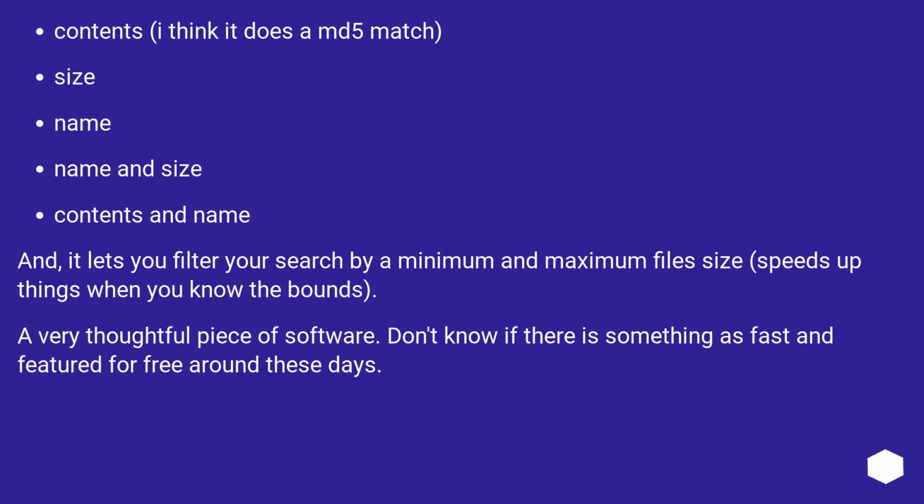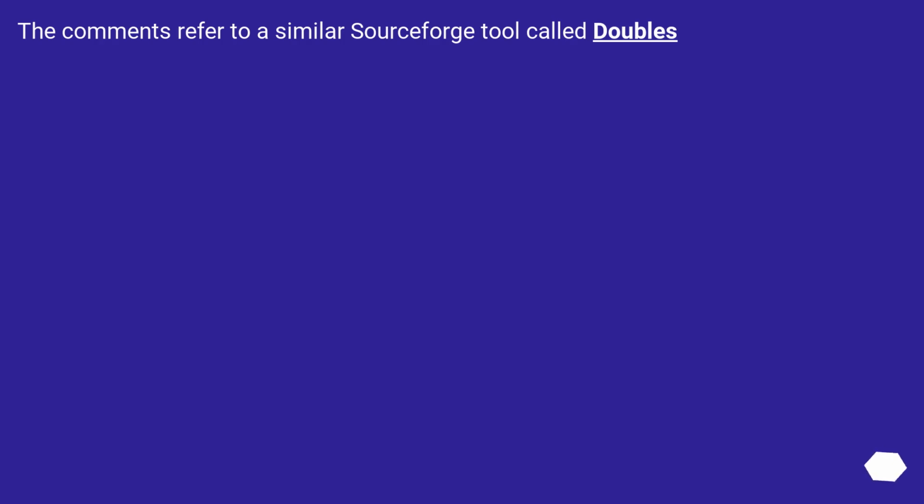And it lets you filter your search by a minimum and maximum file size, which speeds things up when you know the bounds. A very thoughtful piece of software. Don't know if there is something as fast and featured for free around these days. The comments refer to a similar SourceForge tool called Doubles.